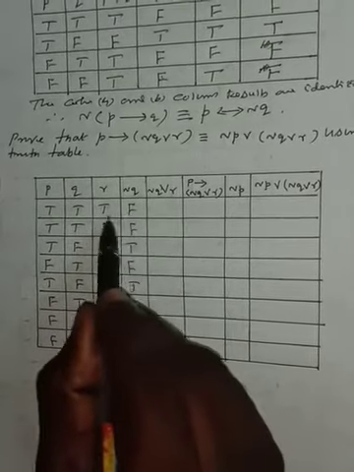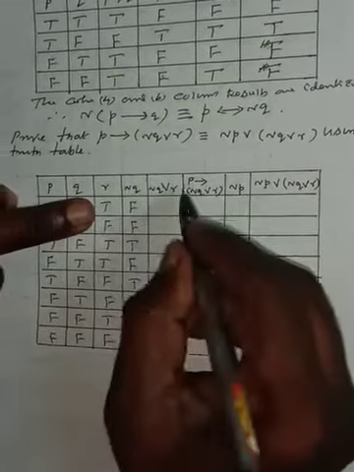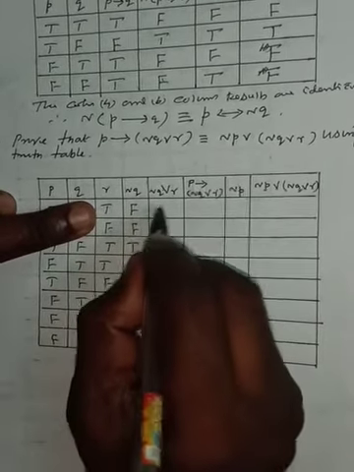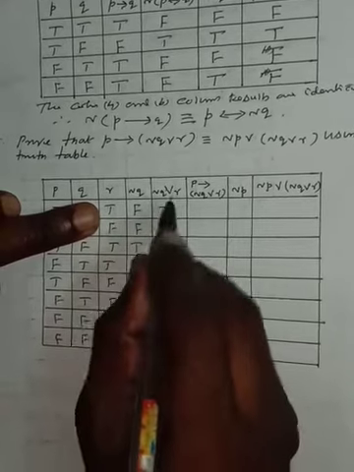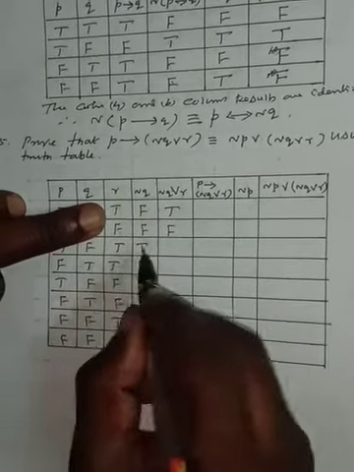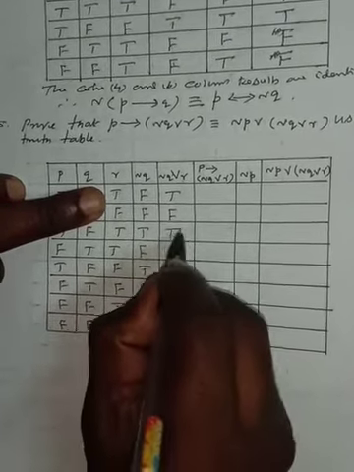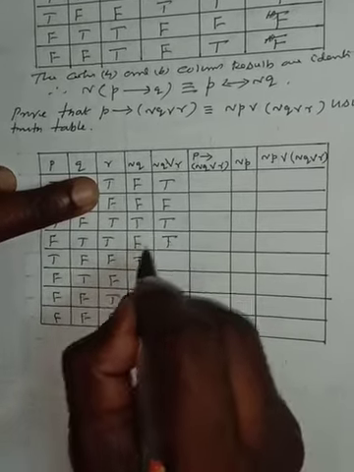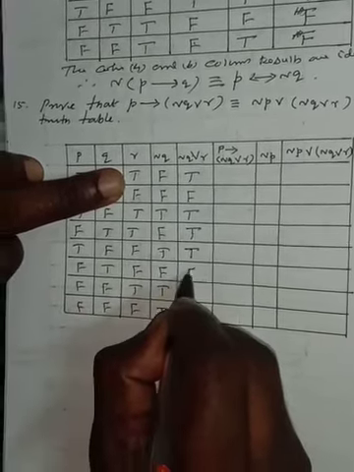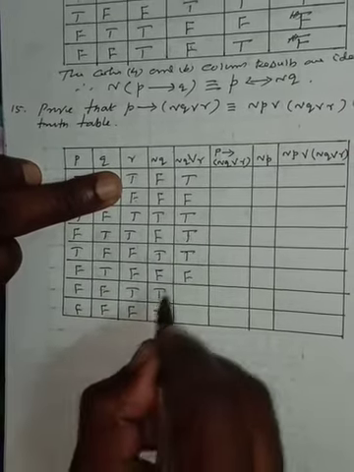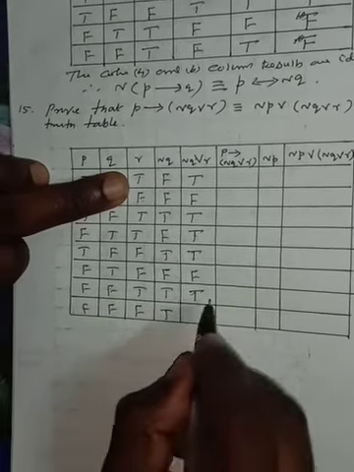Symbol is R. So T or F is T. F means F. Next T. Next T. Next T. Next F. Next T. Next T.